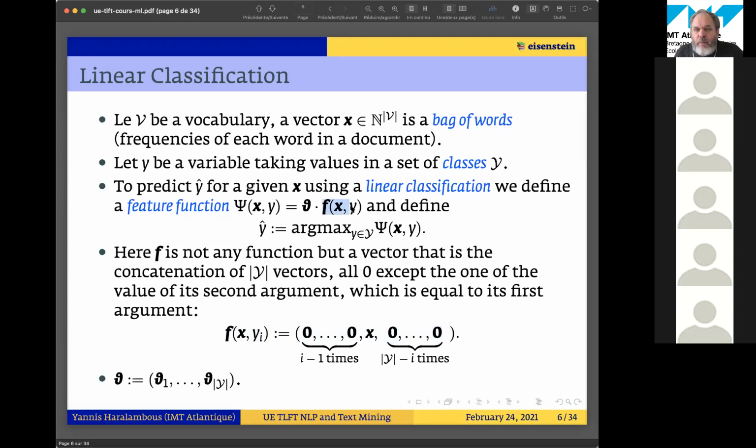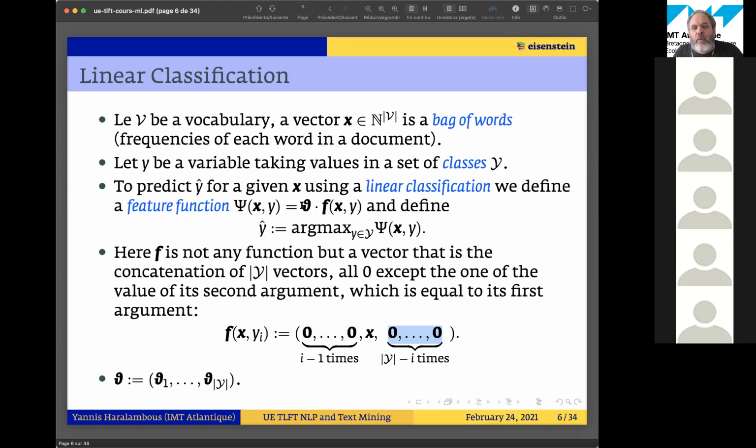So f depending on y will be a vector where for the value of y we will have x, and for all other values we will have zeros. That's all. And this allows us to have a theta as a very long vector with different copies of theta for each value of y.